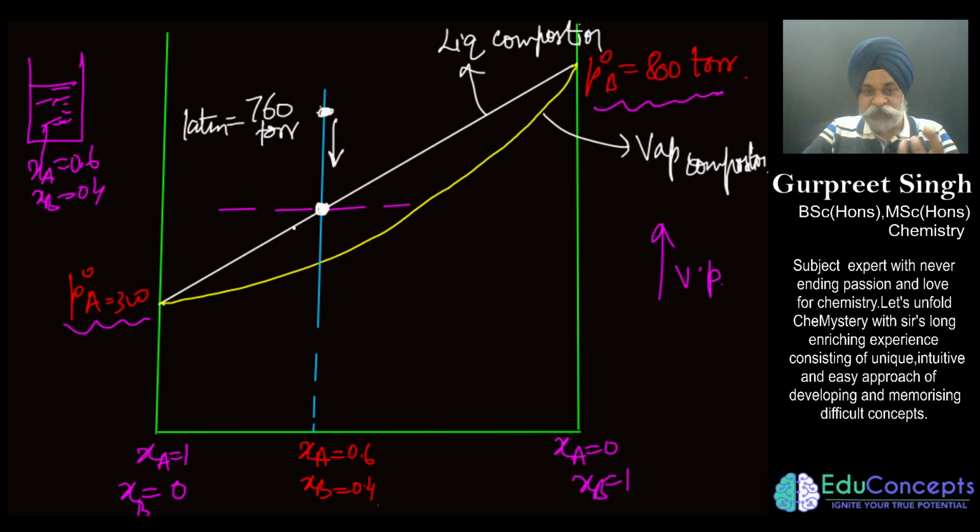But to begin with, for the first bubble which came out containing A and B, what is the vapor phase composition? First, graphically, you have to understand this is YA, YB. What is YA, YB? It is the mole fraction of A and B in the vapor state corresponding to a liquid composition of A and B of 0.6 and 0.4.